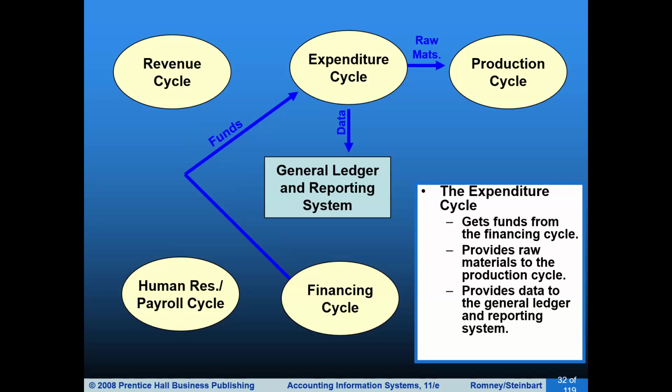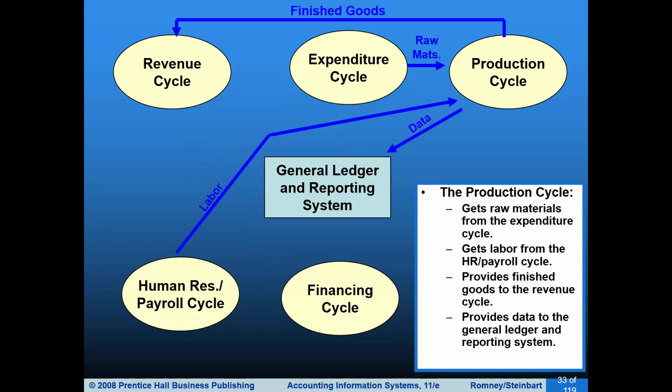Now the production cycle gets raw materials from the expenditure cycle, gets labor from the human resource and payroll cycle, provides finished goods to the revenue cycle, and provides data to the general ledger and reporting system.